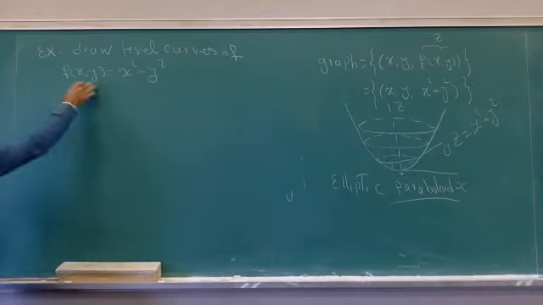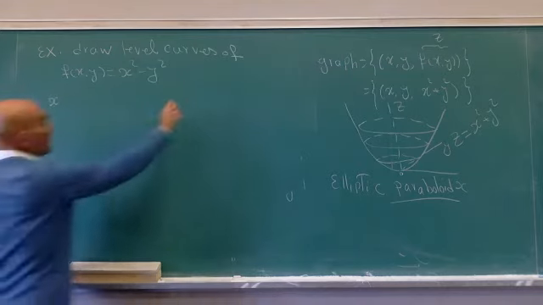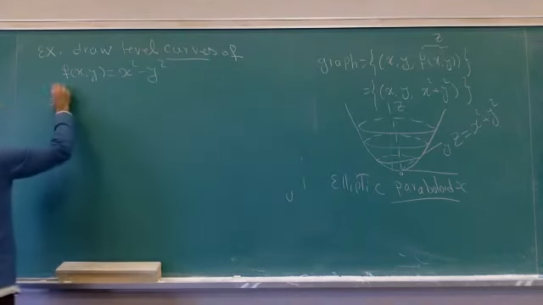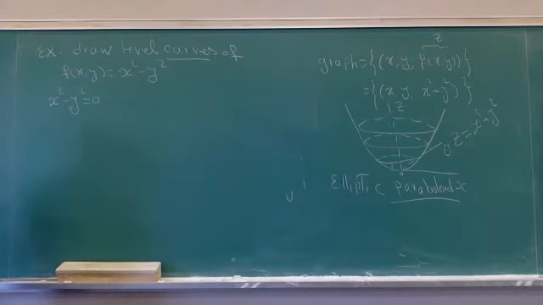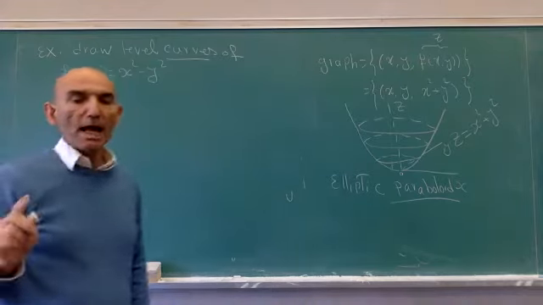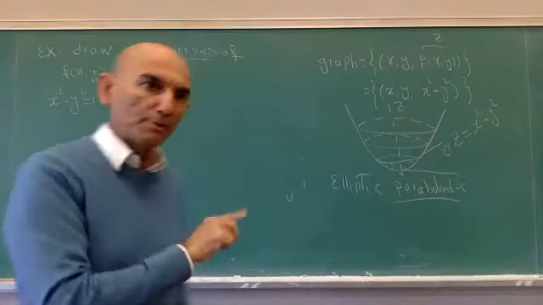So first of all, the easiest case, with curves, you see I'm saying x² minus y² equal to 0. So what are the level curves in this case? Well, x² minus y² equal to 0 means that x is equal to y or x equal to minus y, right? So there are two possibilities.